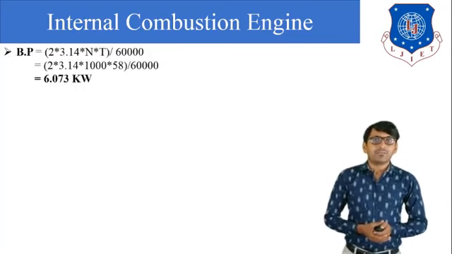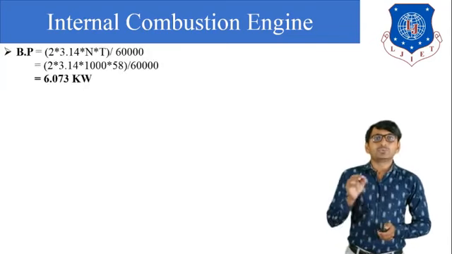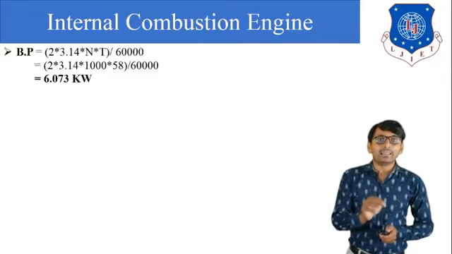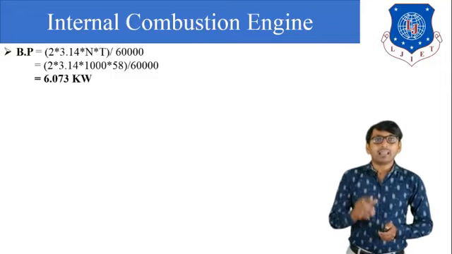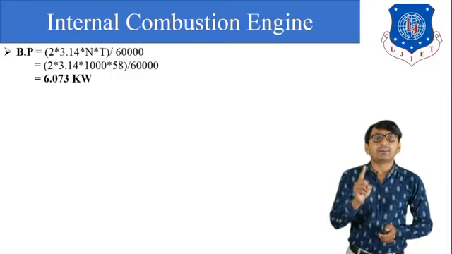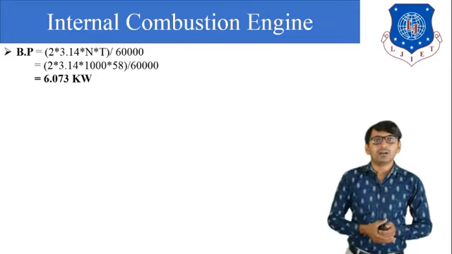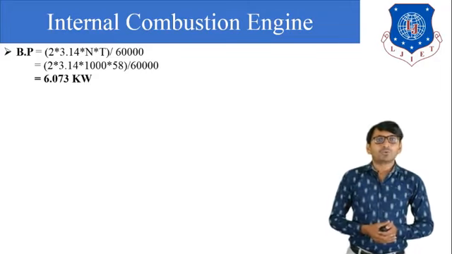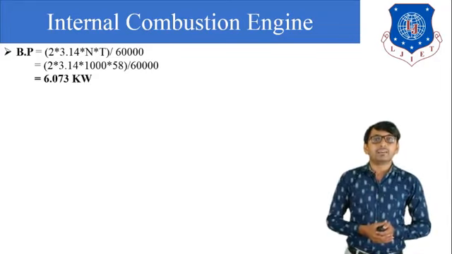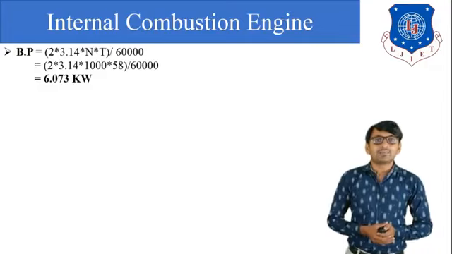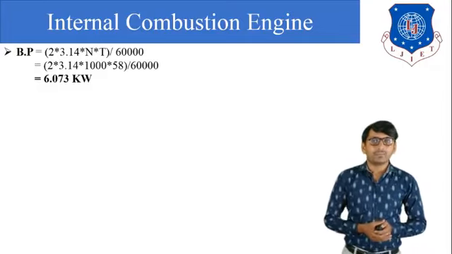Now step number 1, brake power, that is 2 pi N T divided by 60,000, and N, that is capital N in brake power formula. So by putting value of 2 pi capital N T, we get value of brake power 6.073 kilowatt. So we get brake power.